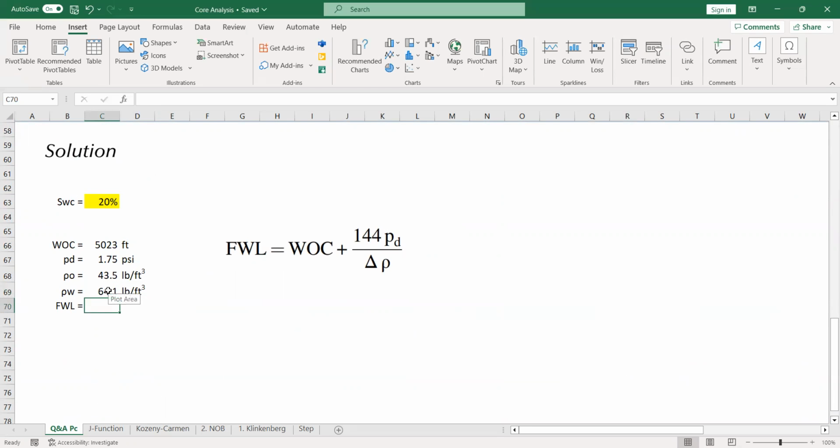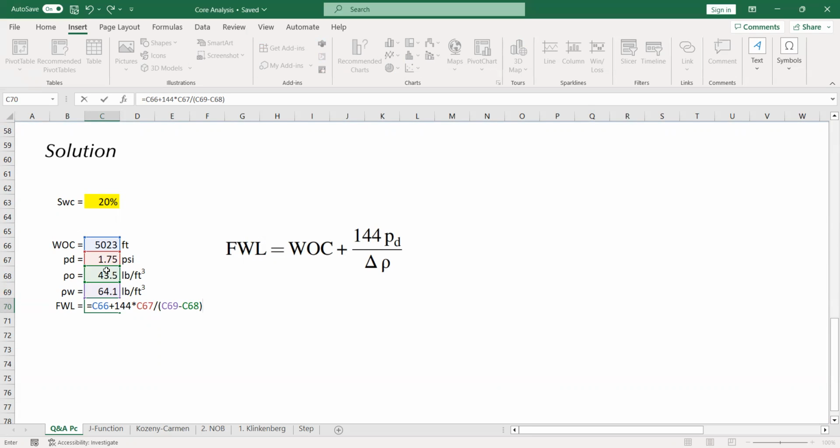All right, so the free water level is water oil contact plus 144 multiplied by the displacement pressure of 1.75 divided by this density difference. Of course, the heavier one subtracted by the lighter one.